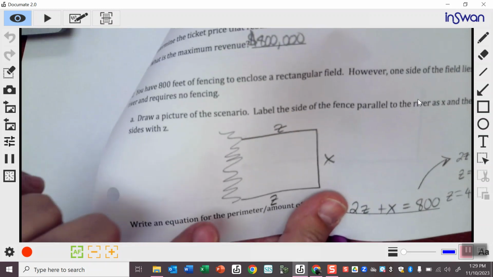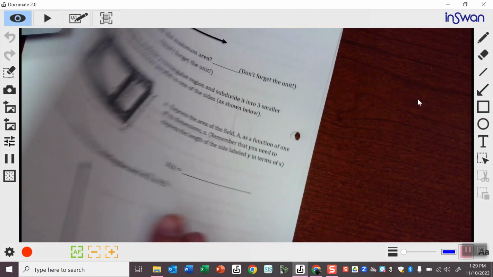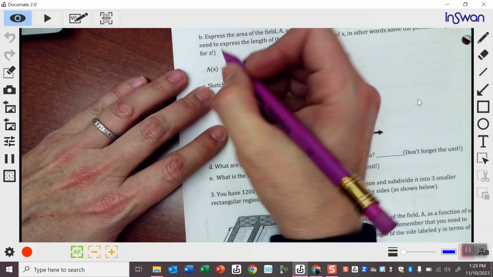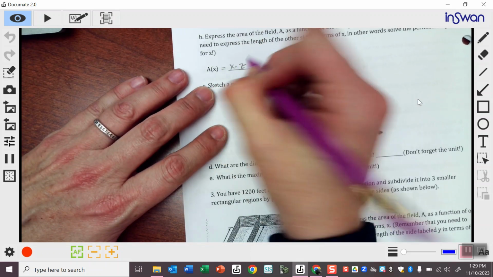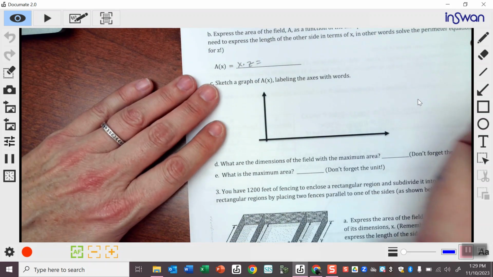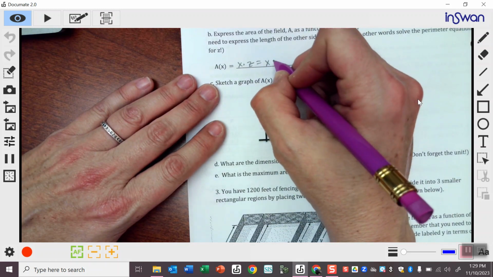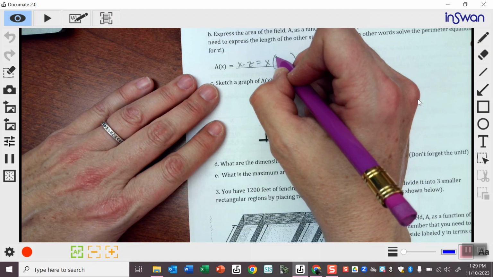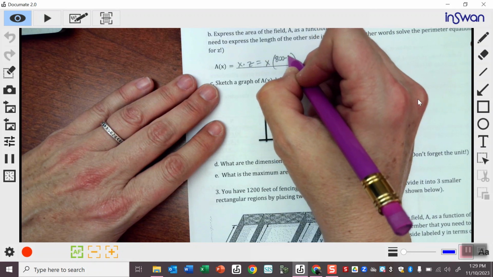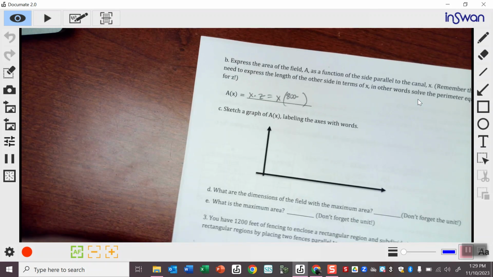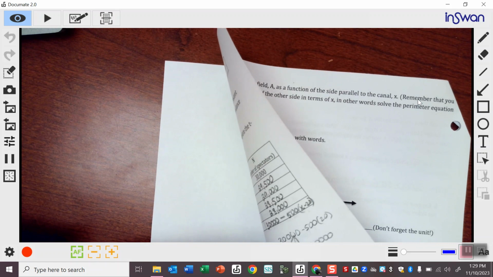So for this rectangle, I'm going to be doing X times Z. Now, remember, that's why we had to solve for Z on that problem. So X is X, but Z was my (800 minus X) over 2.